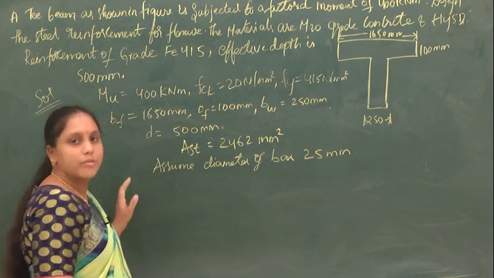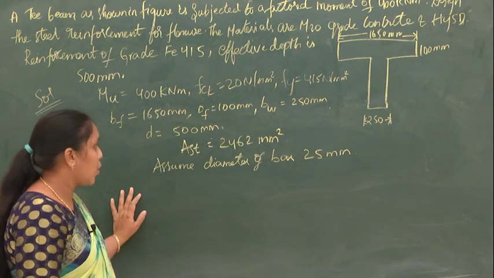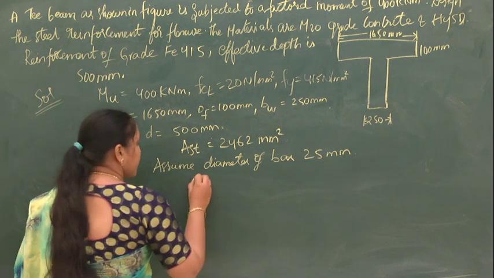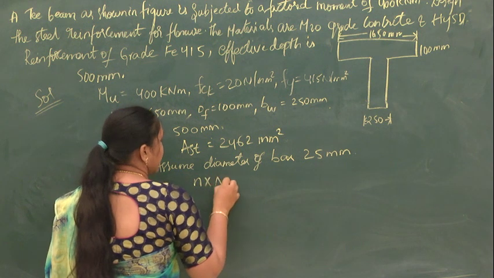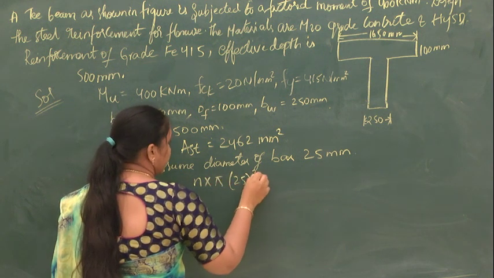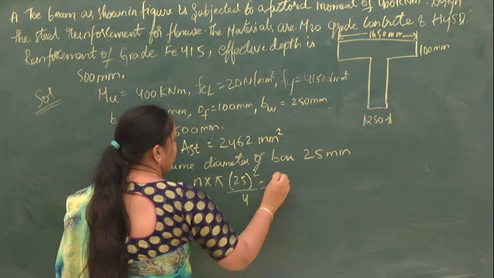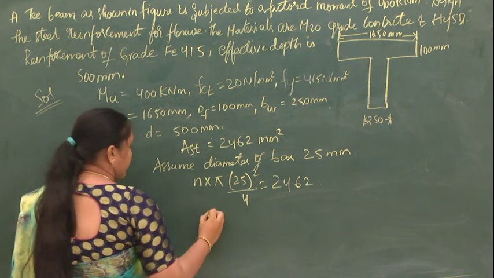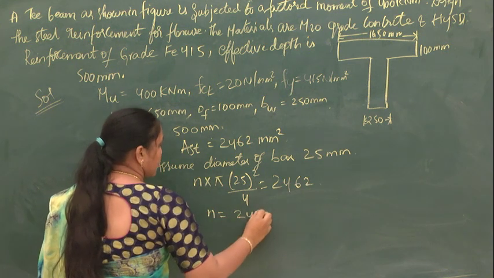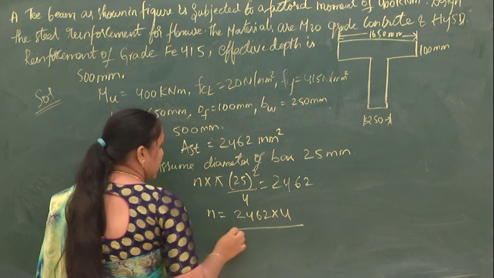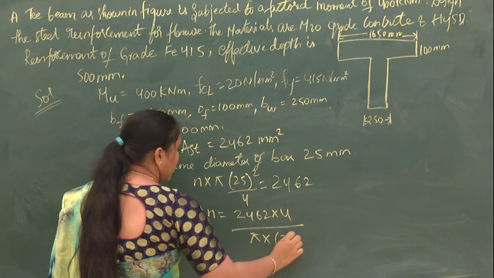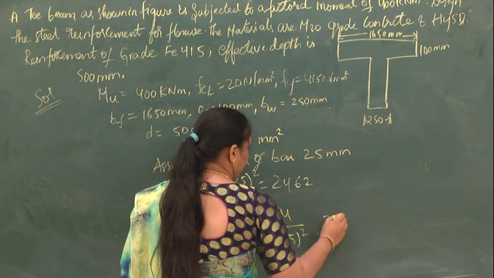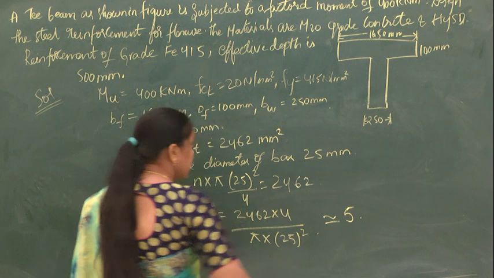So I will calculate n into pi d square by 4, where d is 25, equal to the area of steel 2462. So n is 2462 into 4 divided by pi into 25 squared, which is approximately 5 bars.